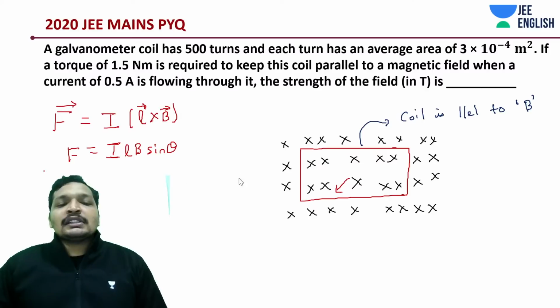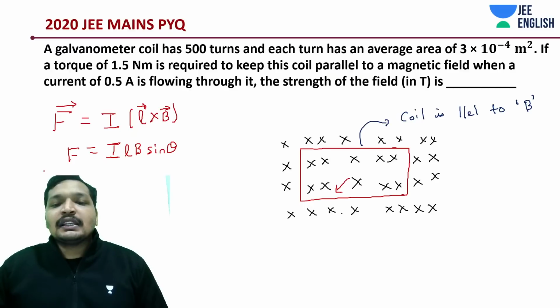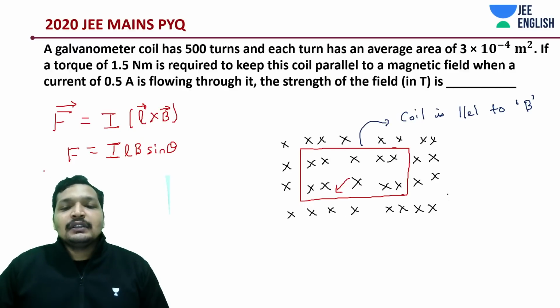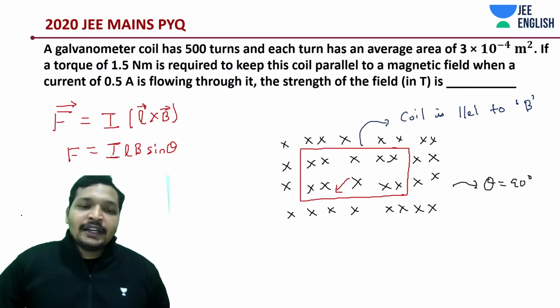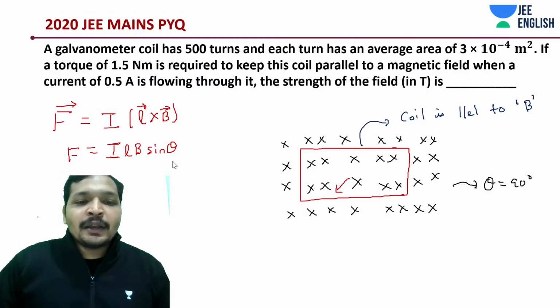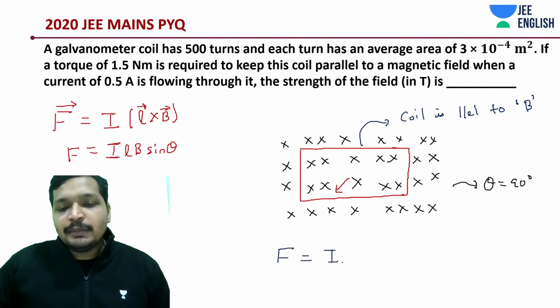So in this case, what is the value of theta? What is the angle between the magnetic field and the area vector? It's basically 90 degrees. Here theta is 90 degrees. That means sine of 90 degrees is 1. So your force is going to be ILB.